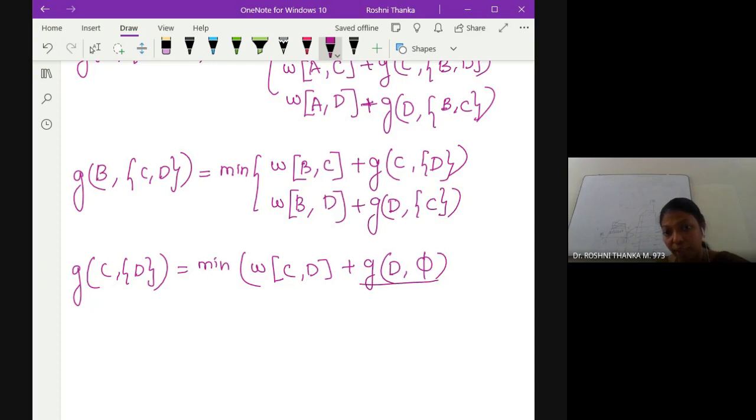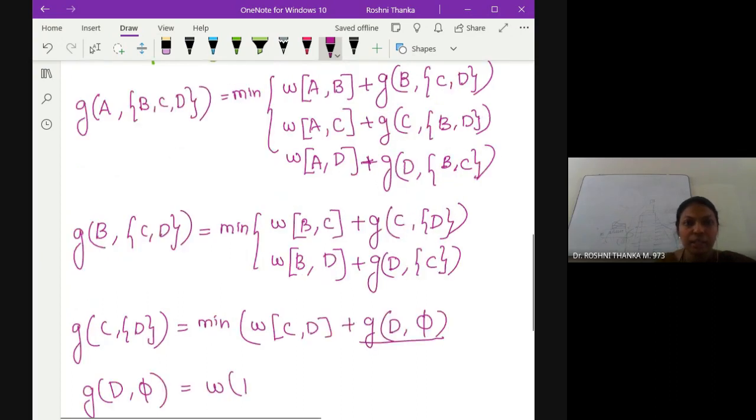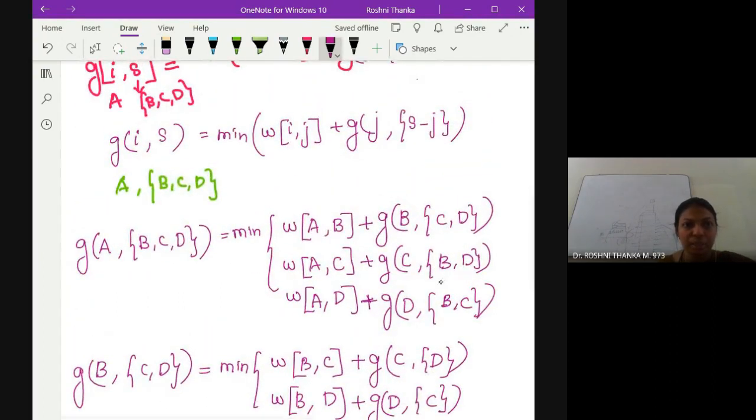If I want to find this value, for example, what is G of D comma null? It is like the weight of this. Actually, first I'll write the general formula somewhere. Here itself I'll write. Whenever we have a value like G of some location x, comma the set, then how will you find the cost?